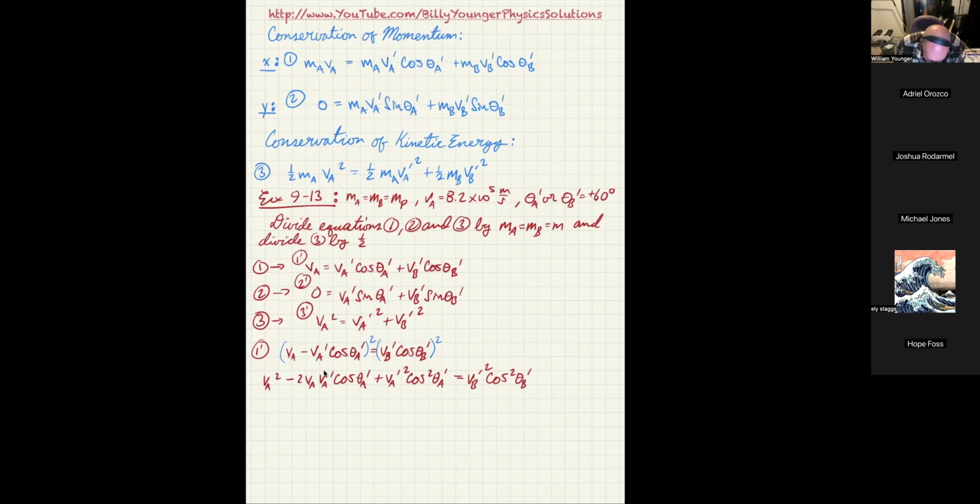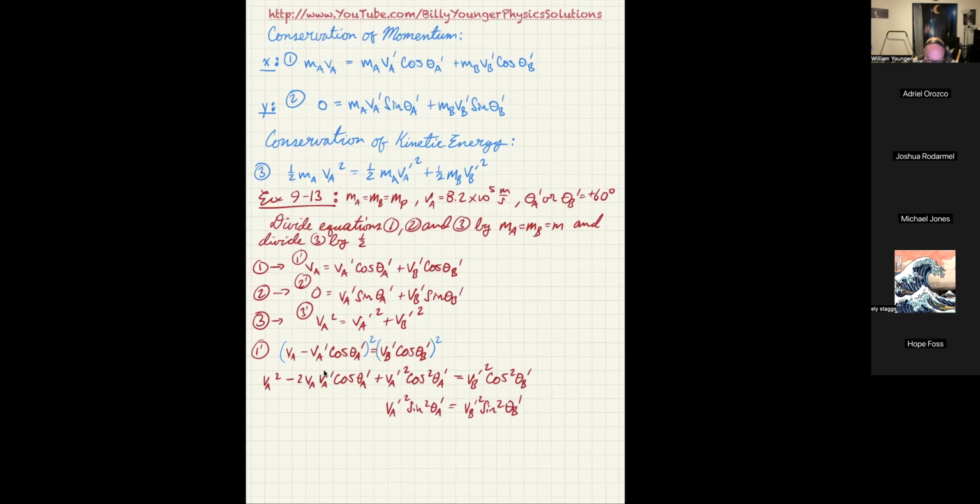So when I square the VA prime term, which is on the left, this is going to become VA prime squared sine squared theta A prime equals VB prime squared sine squared theta B prime.